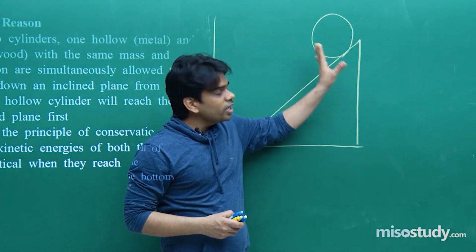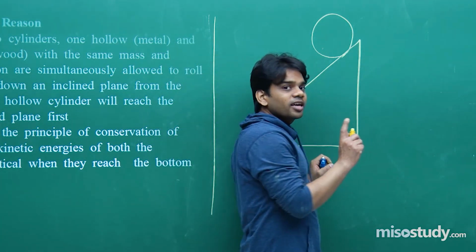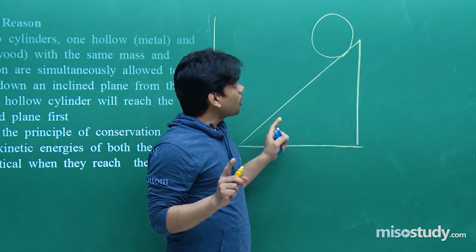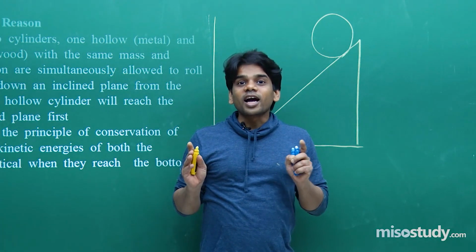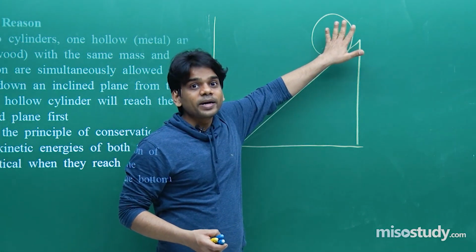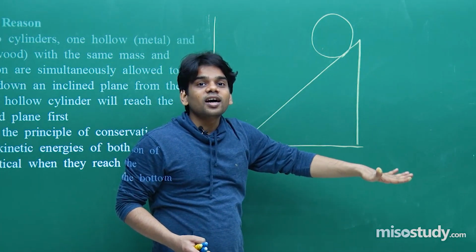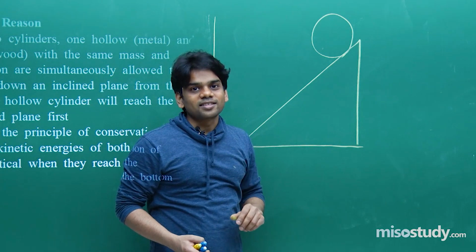In the case of rolling motion, let me recall to you, acceleration is not constant. That is dependent upon the kind of object. The less the moment of inertia, the more will be the acceleration.